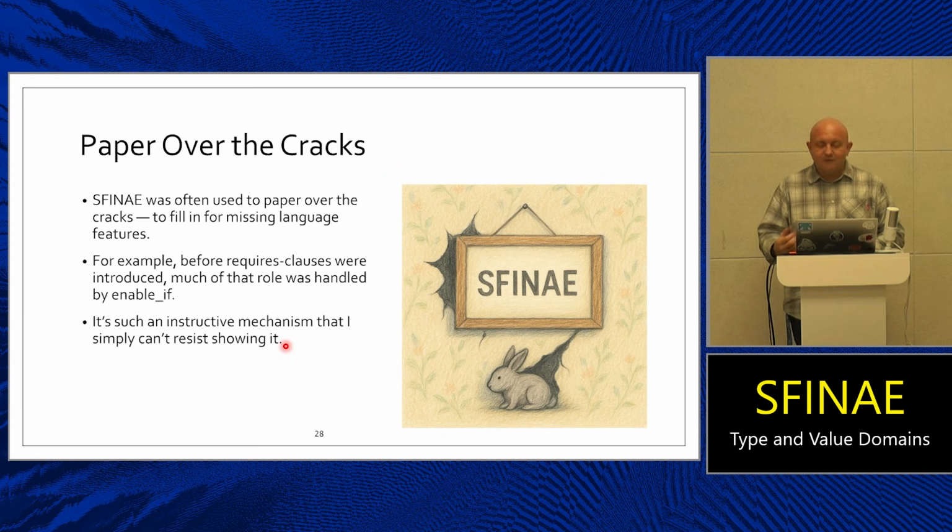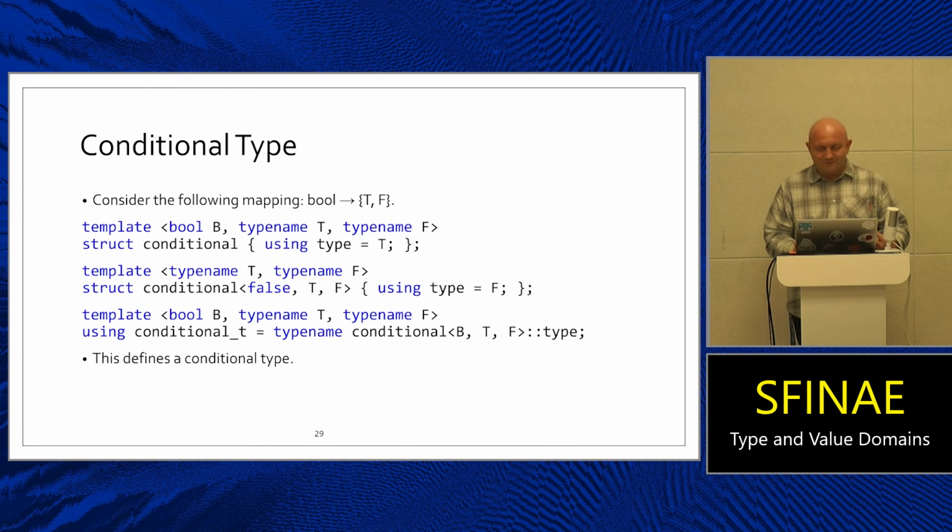For example, before we had requires clauses, that hole was covered by enable_if, and enable_if is such an instructive mechanism that I simply can't resist showing it to you. Let's look at another metric. From a bool to one of two types, true, false type, like typename T, typename F. Those two are basically any type.